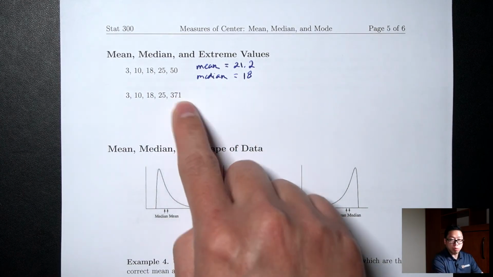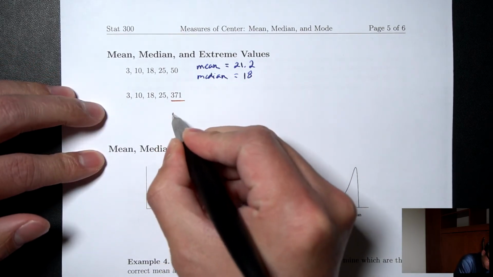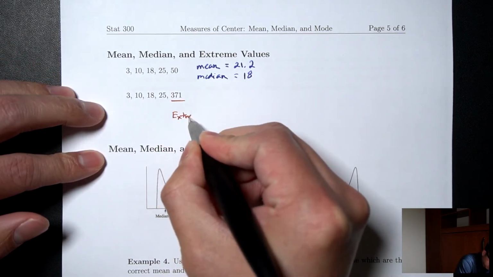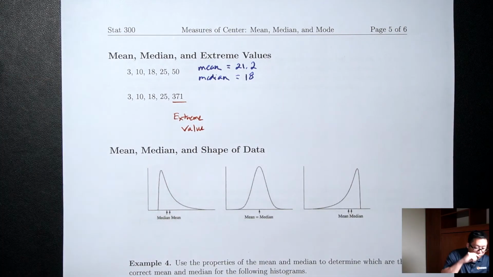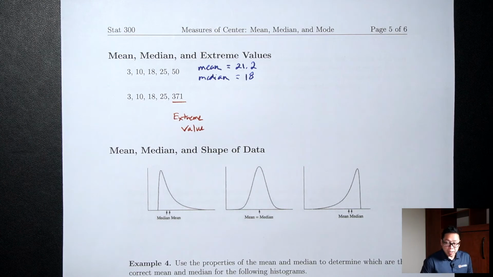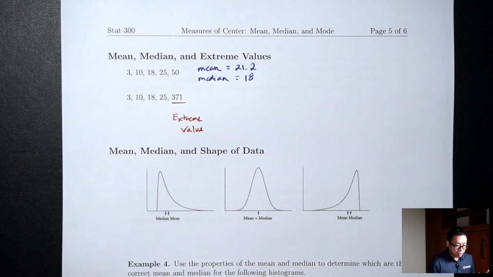That's called an extreme value. Extreme values are just data values that are either way big or way small compared to the rest of your data. So 371 is way bigger than these other numbers, 3, 10, 18, 25. And now let me do the same thing. Find the mean and find the median.